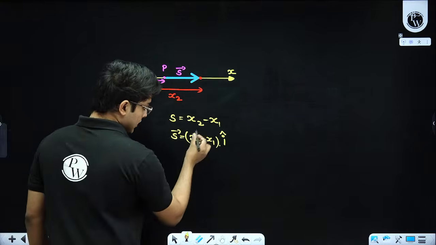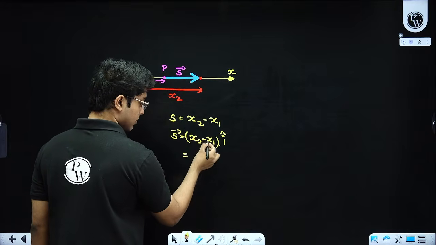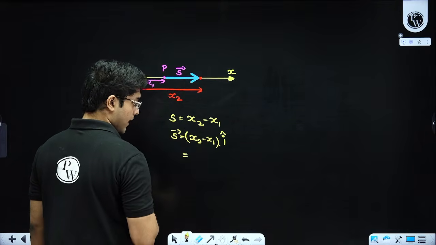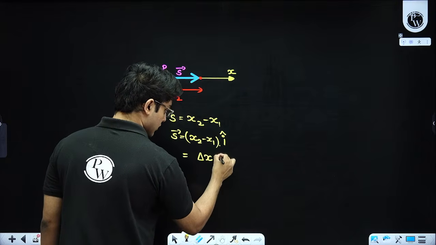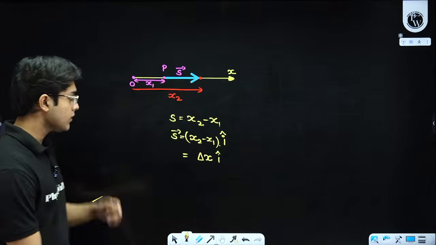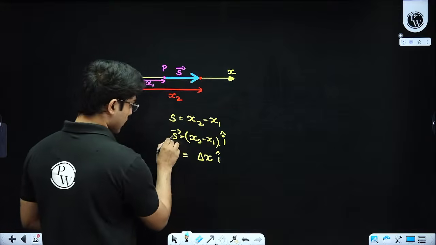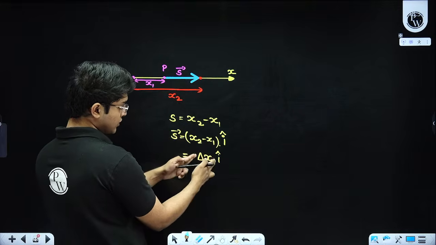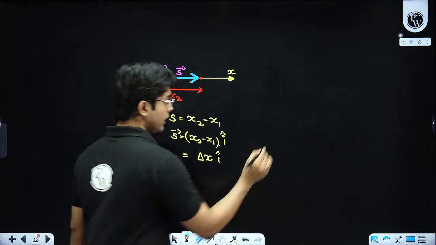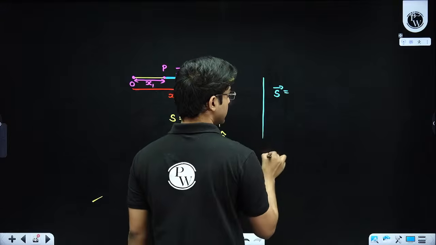Now this is nothing but change in the position, right? x2 minus x1 means change in the x coordinate. I can also write this as delta x, okay. So delta x i cap. So this is the relation between displacement vector and position vector. Displacement vector is simply change in the position vector. So in case it was 3-dimensional, then what will the displacement be?